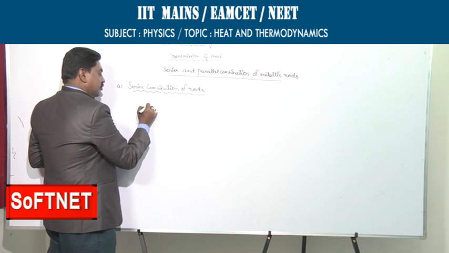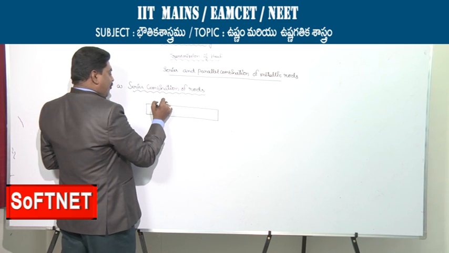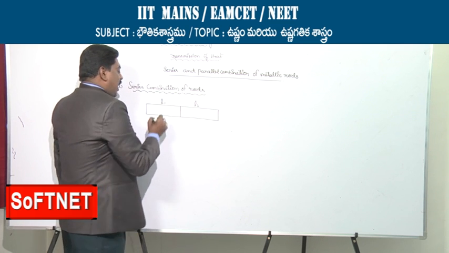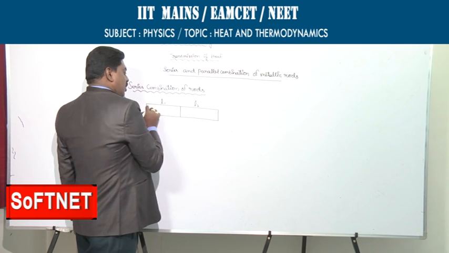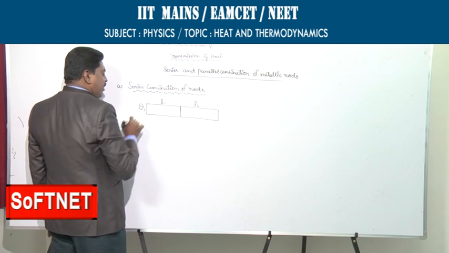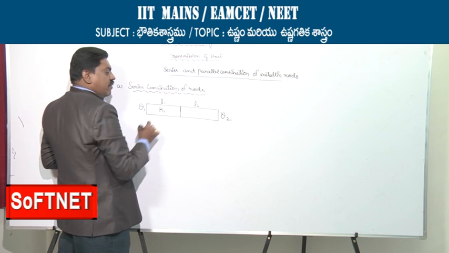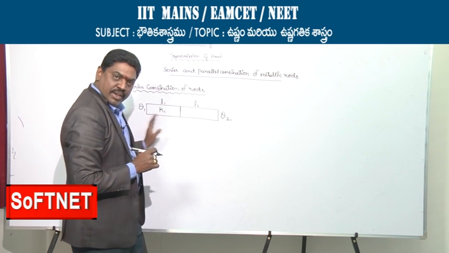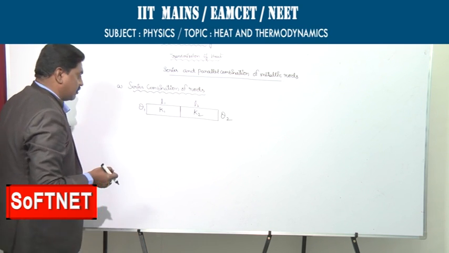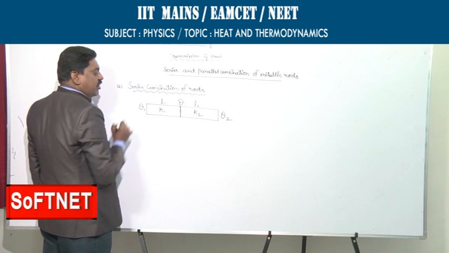Consider two metallic rods of length L1 and length L2, which have the same area of cross section, joined together as shown in the figure. Let theta 1 be the temperature at one end and theta 2 the temperature at the other end. K1 is the coefficient of thermal conductivity of one rod and K2 of the other. Theta is the common temperature at the joint of the two rods.